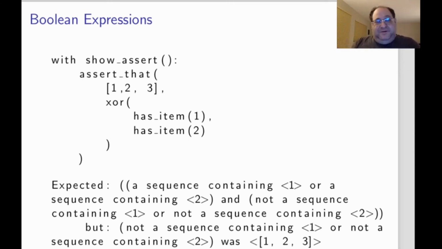And it tells me, well, the first part worked, but 1, 2, 3 is a sequence containing 1, so it doesn't match not a sequence containing 1, or not a sequence containing 2, and sorry about that, your test did not pass. So this is, again, an example for something very, very specific. The only thing I know is that it has to have 1 or 2, but not both.